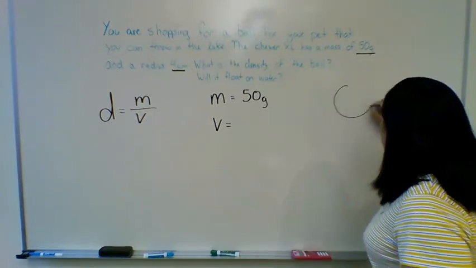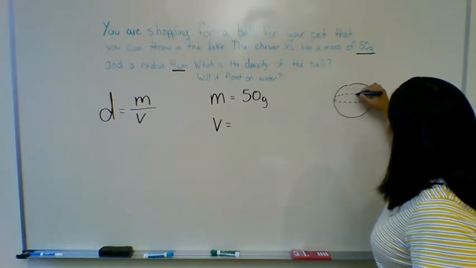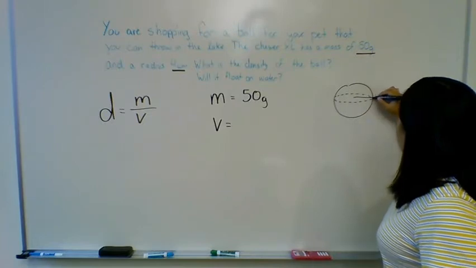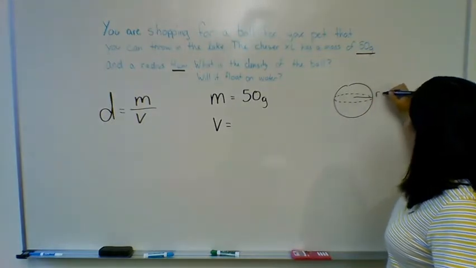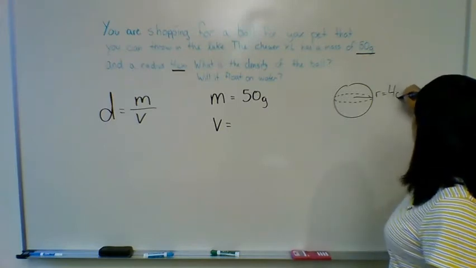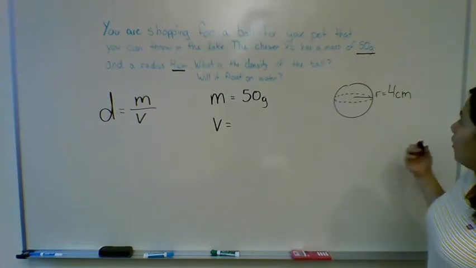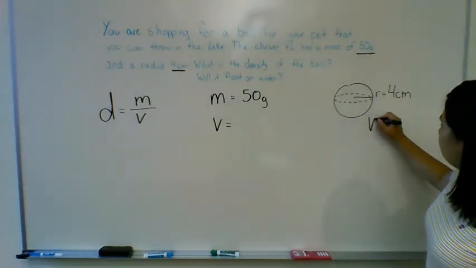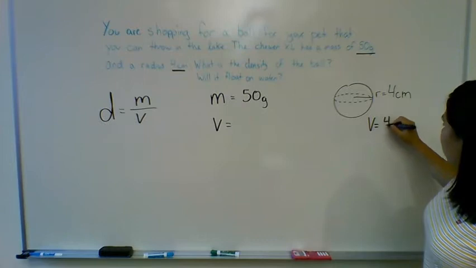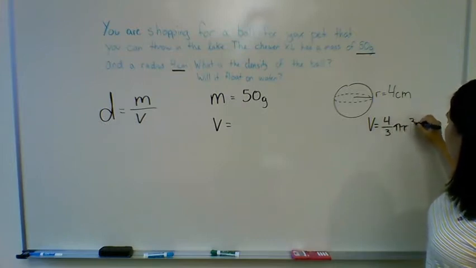So I'm going to draw a sphere. We know that the radius of this ball is going to be 4 centimeters. And I know that the equation for the volume of a sphere is 4/3 pi r cubed.